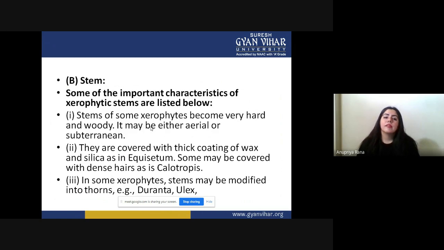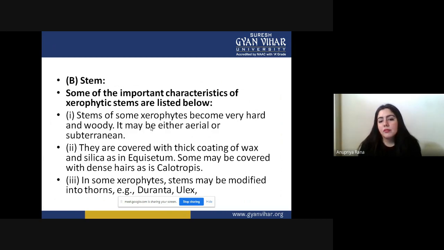Second, now we will see how the stem looks. The xerophyte stem becomes very hard and woody. The stem of a hydrophyte is very green and soft because water is present, which makes it soft. But here water is not present, so the stem becomes very hard and woody. It is covered with a thick coating of wax and silica.